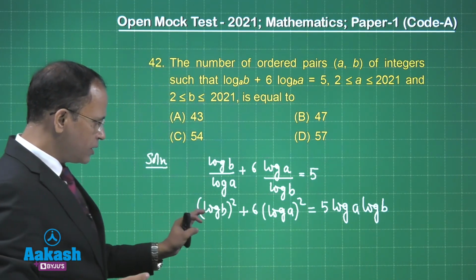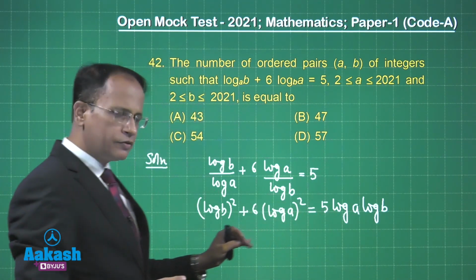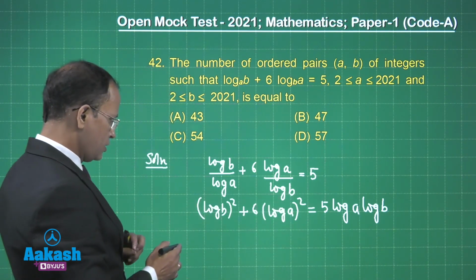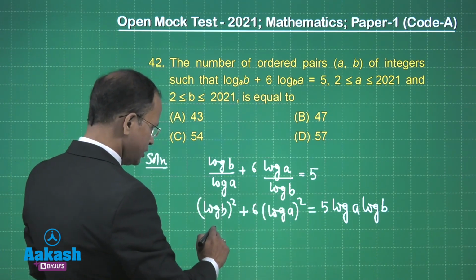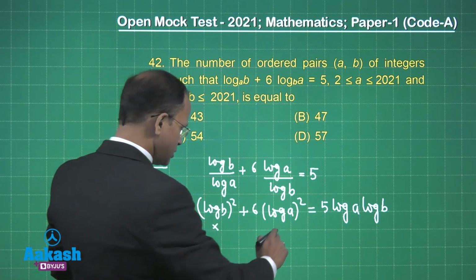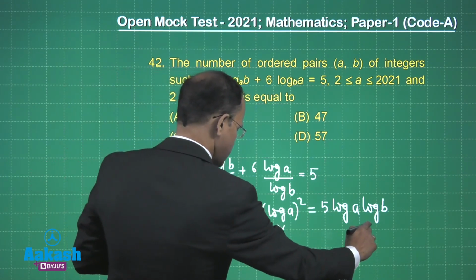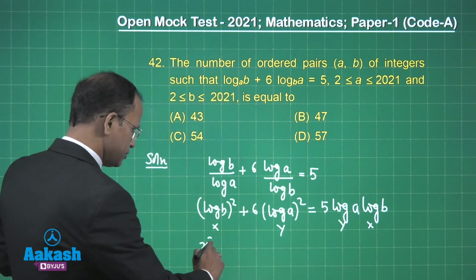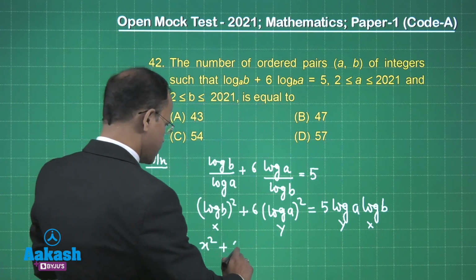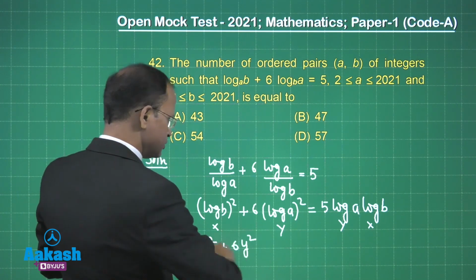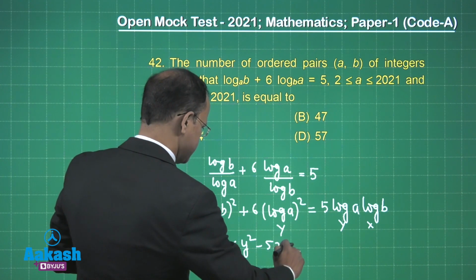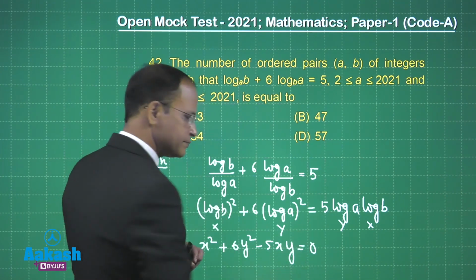Now you see, this is an equation which we are getting in terms of log a and log b. Now suppose we take this to be x and this is y. So this is x and this is y, right? So what we get? We get x square plus 6y square, and we take this as minus of 5xy equal to 0.